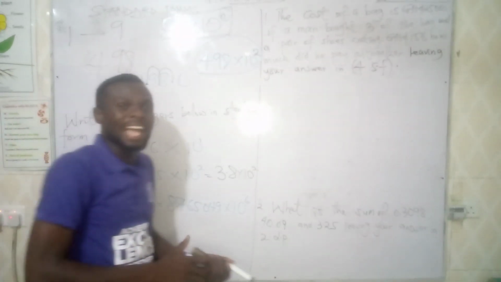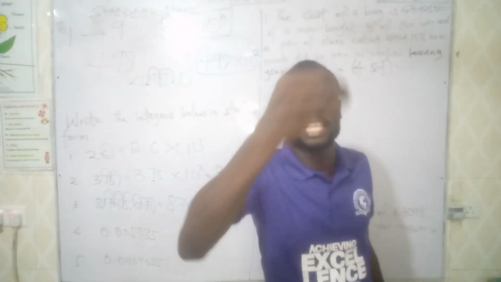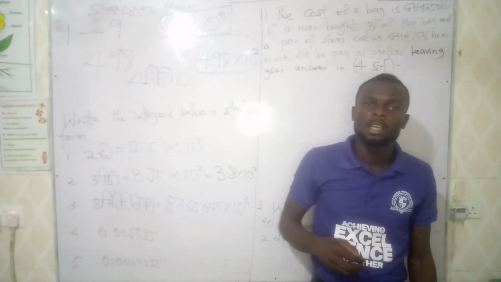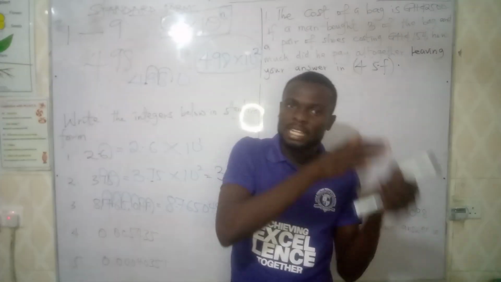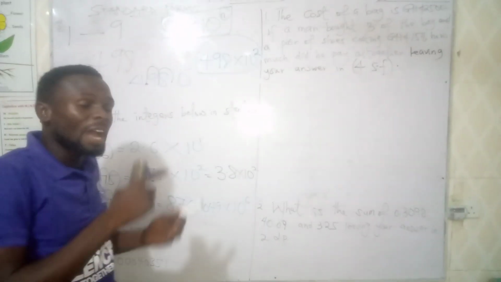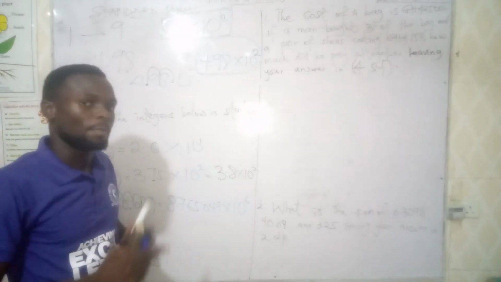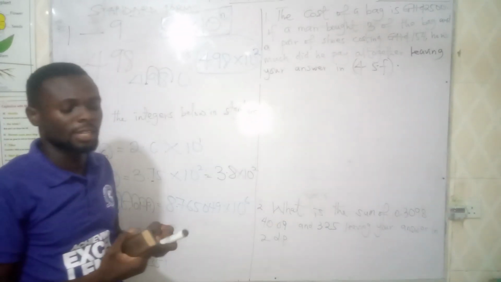So this also can be asked. Leave your answer in a standard form with 3 significant figures. So first, we have to write it in a standard form before we can leave it in a significant figure.